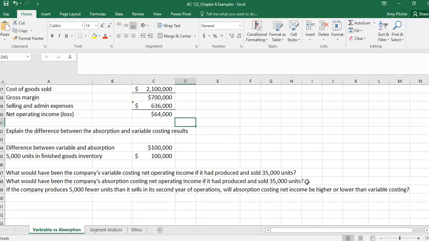So if we produce and sell the exact same amount, net income is the same, or operating income is the same under both methods. If we produce more than we sell, absorption is higher. If we produce less than we sell, variable is higher. So in this last question, we're going to produce less units than we sell, which means that the variable costing income would be higher.